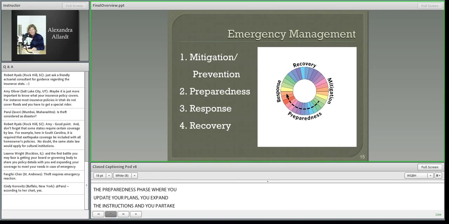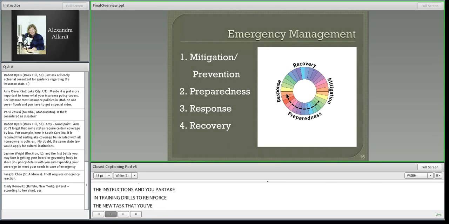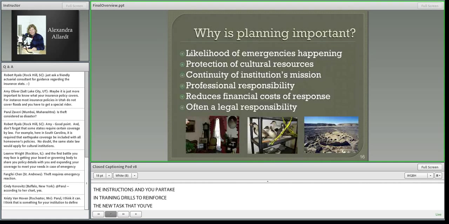So why is planning important? Well, in fact, there is a significant risk that some type of hazard will cause a disaster at some time in the future at your site. Identifying, understanding, and preparing for those risks are vital parts of museum management and are at the heart of your job responsibilities.